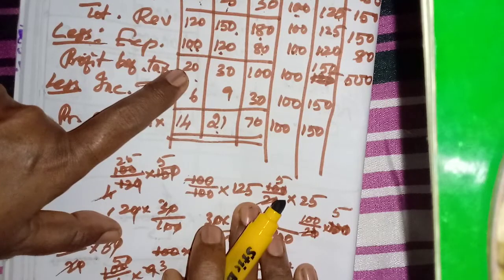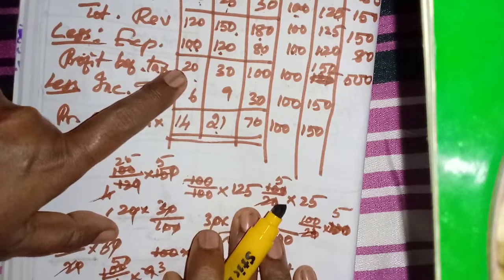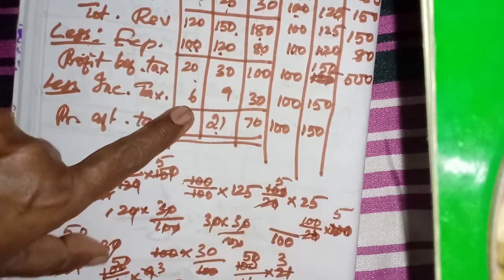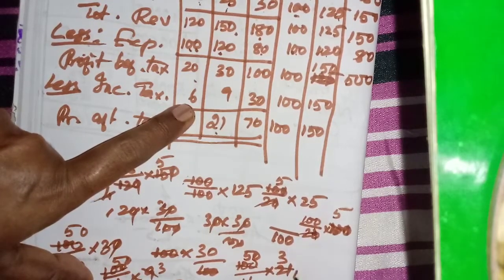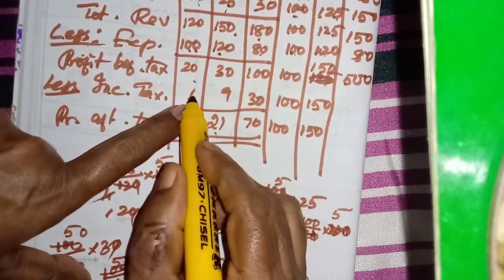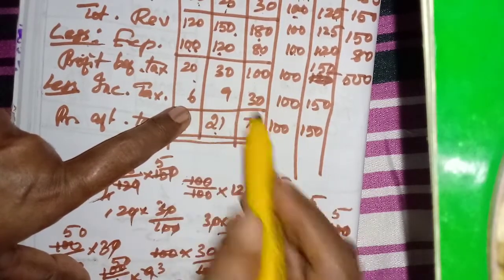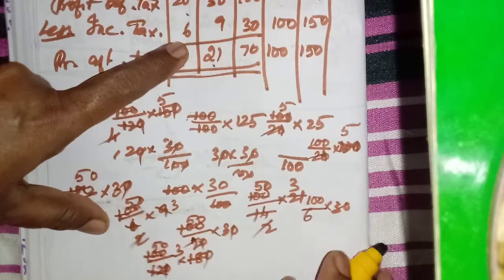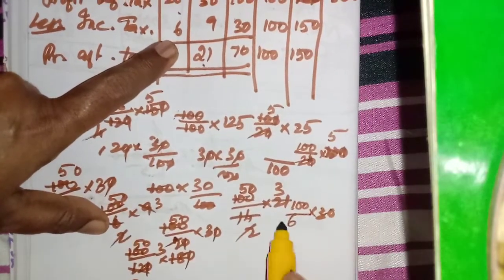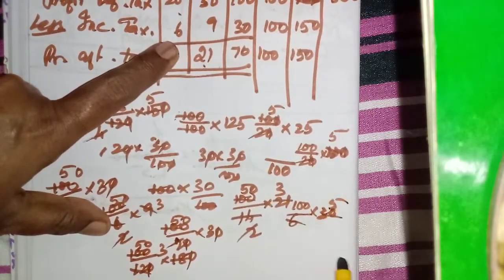Okay, 500. Then next one for 600. Then for 30, 6, 5, isn't it? 500.